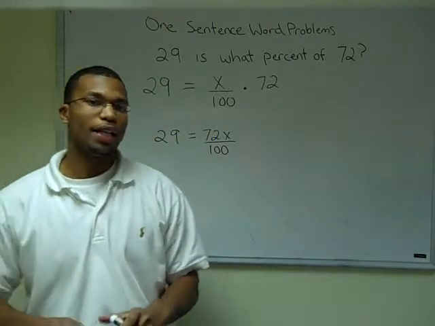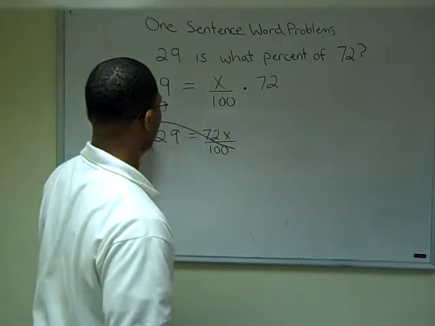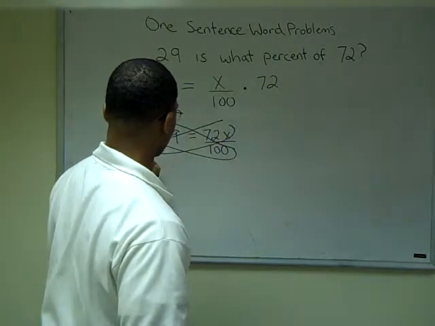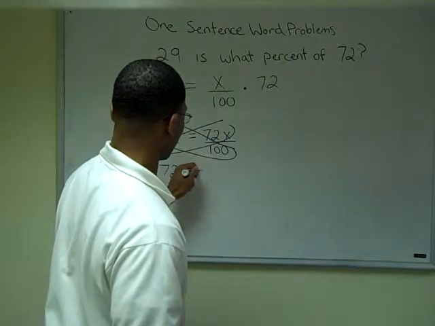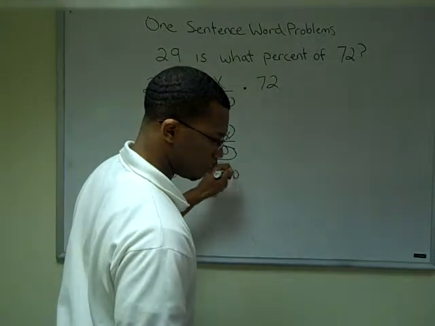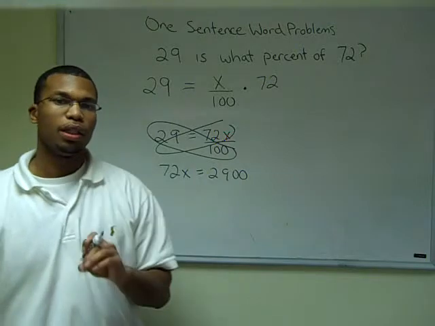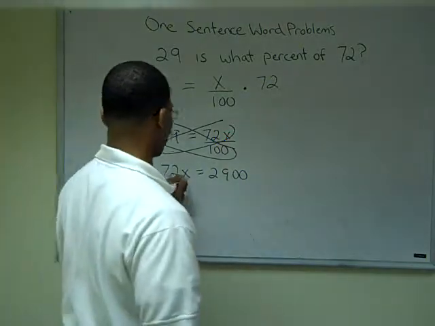At this point, I can now use cross multiplication. Now lastly, I'll divide both sides by 72 so I can get my final answer.